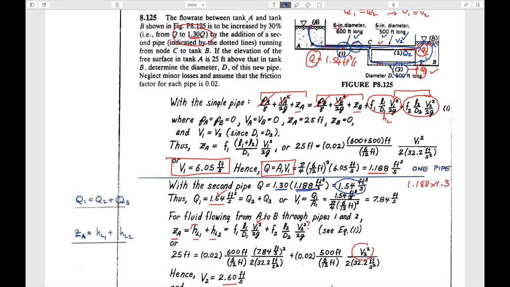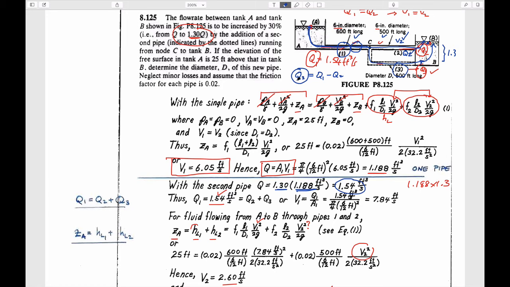And if we know the flow rate in this arm, and we want the total flow rate here to be 1.3 times the original flow rate, then the flow rate Q3 has to be equal to the inflow Q1 minus the one we just calculated for Q2. So we just calculated this. So the only thing that we don't know is the volumetric flow rate in the lower pipe, which we now have.